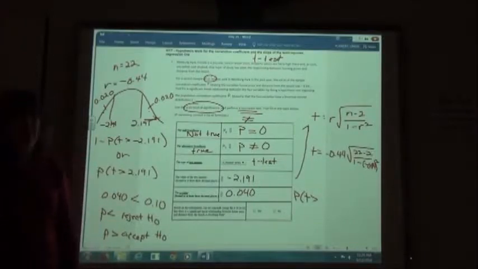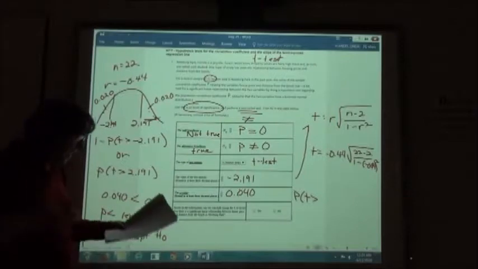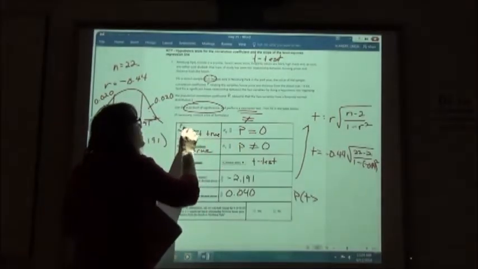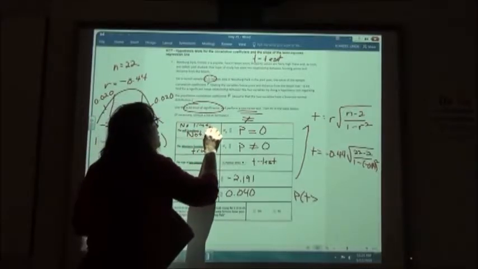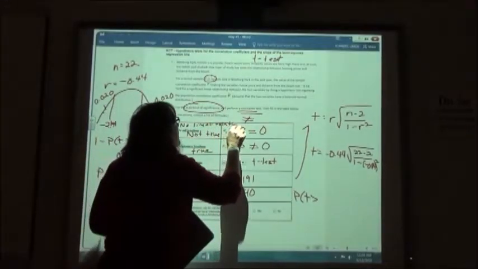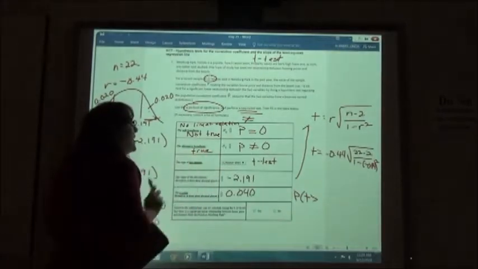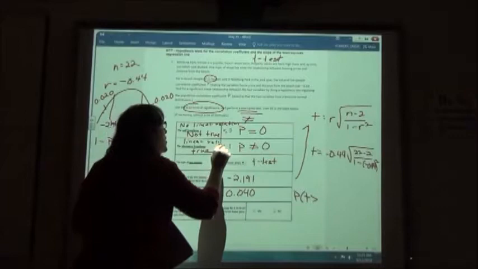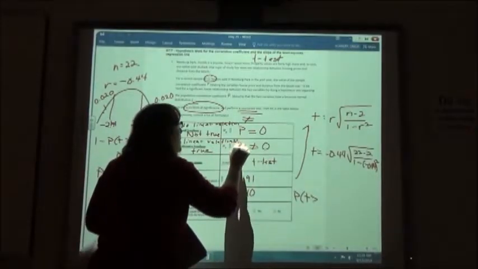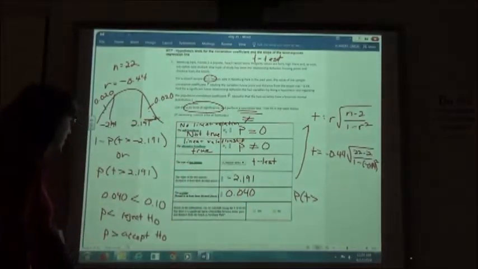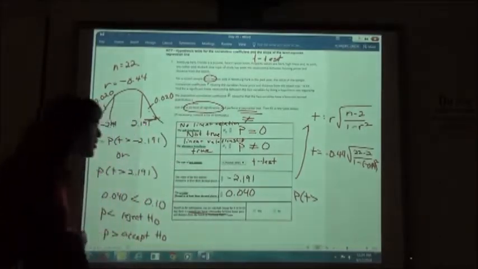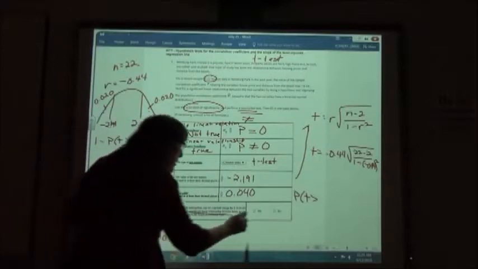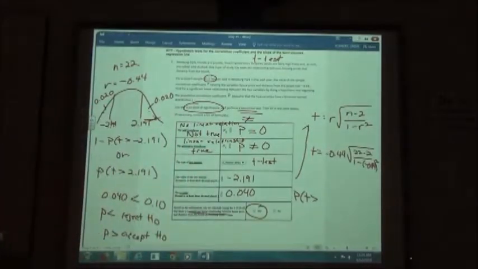If the null is true, there is no linear relationship. If the alternative is true, then there is a linear relationship. So can we conclude there is a linear relationship? Yes, because the alternative statement is true.